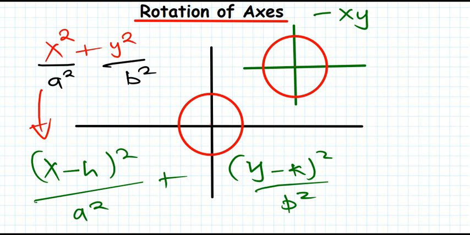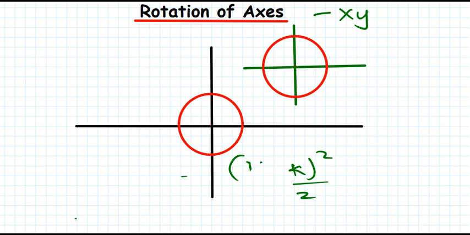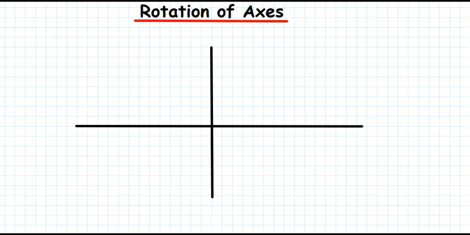Now in this video, we're going to talk about rotation of axes. So basically, how do we rotate? We are rotating the axes. If you've got x and y, this is the original xy plane.